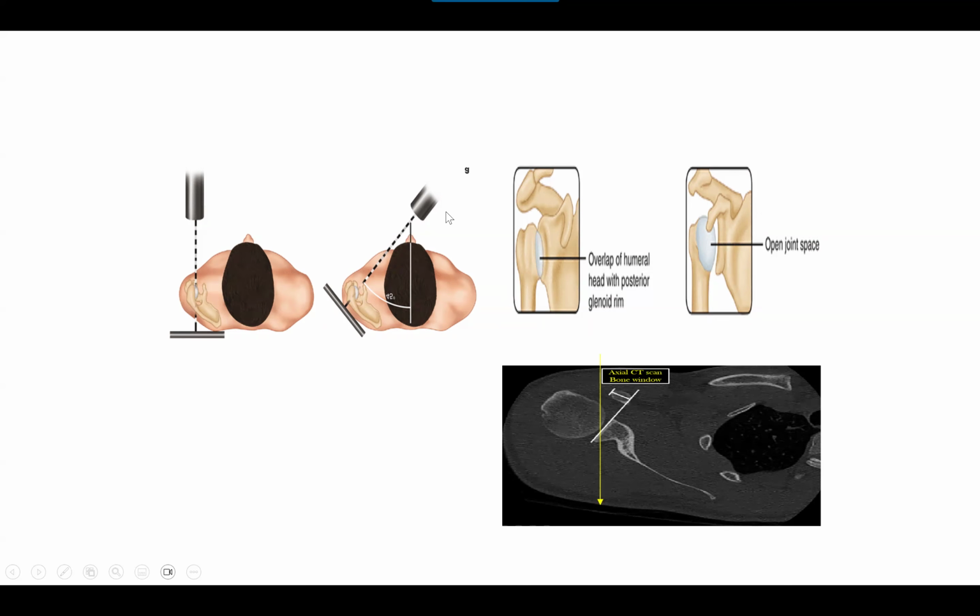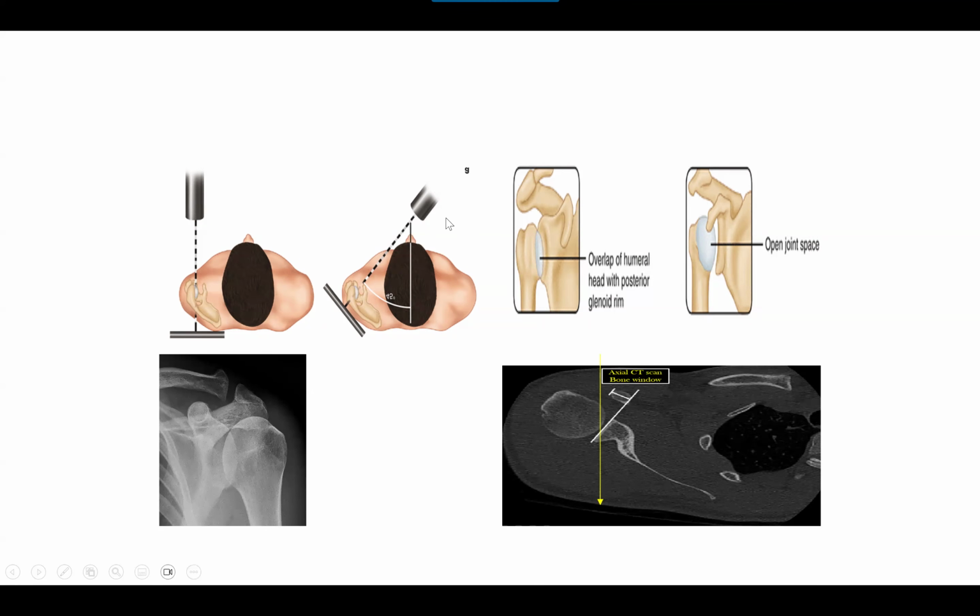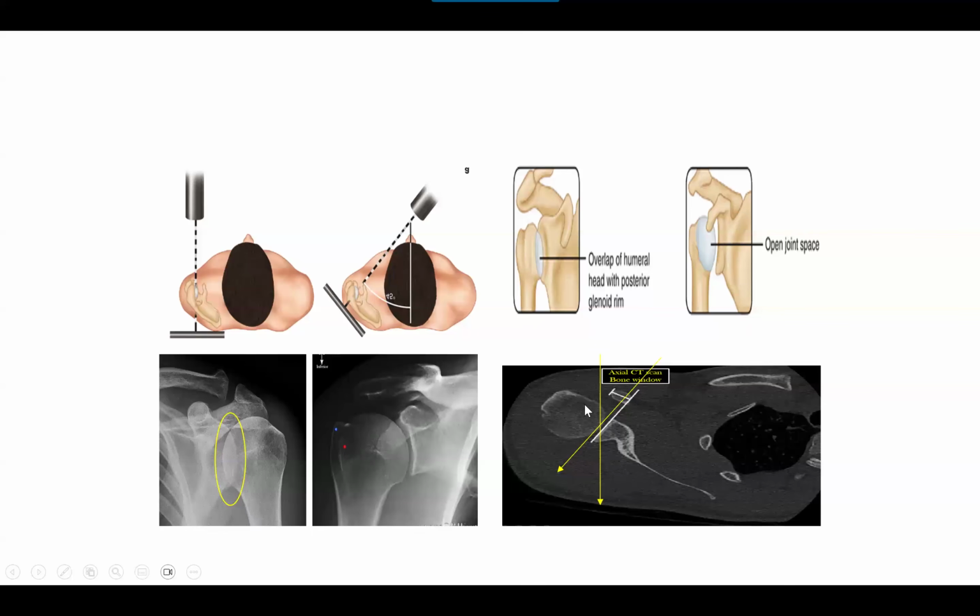Make some obliquity, an angulation of the tube. This is the AP view. But if we angulate the beam like this, 45 degrees, it's called the oblique view. Now you see no overlap. The beam runs through the joint space. No overlap.